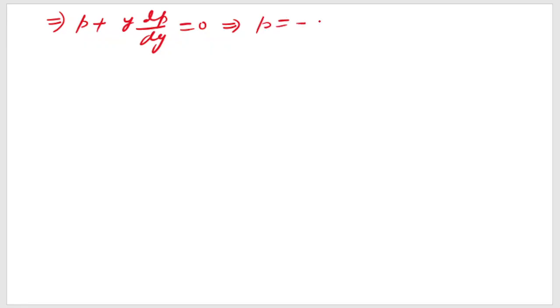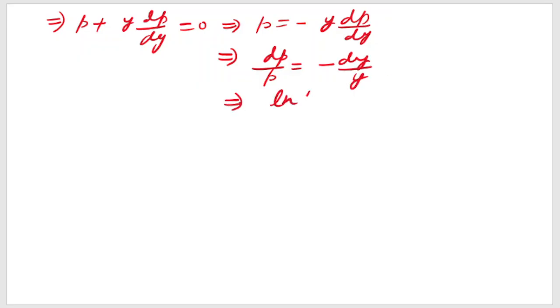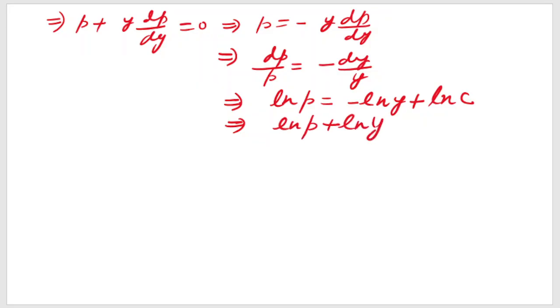p is equal to minus y dp by dy, which can further be written as dp by p is equal to minus dy by y. Integrating both sides, I get ln p is equal to minus ln y plus ln c. So ln p plus ln y is equal to ln c.